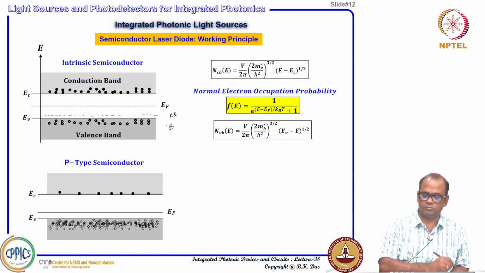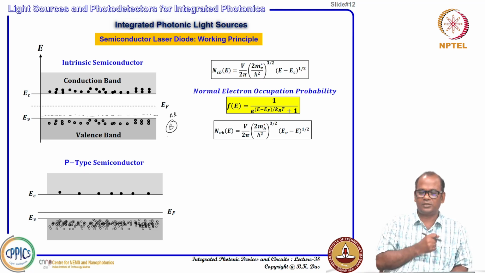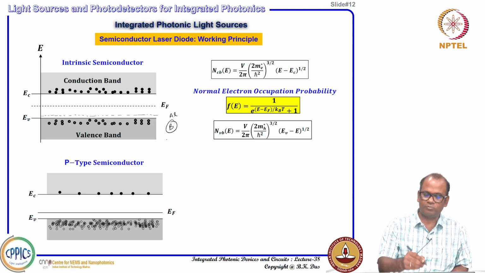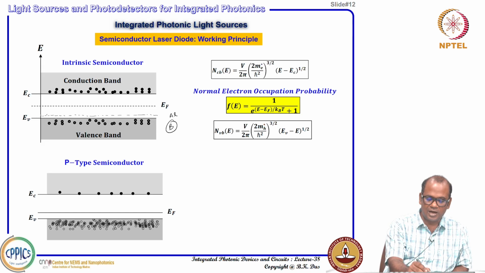Let us consider boron. Boron is also a trivalent material. So, what happens, if this boron is occupying some of the silicon sites, boron will be behaving like silicon, but the fourth electron is missing. Silicon is tetravalent, it has 4 valence electrons, here only 3 electrons. So, a defect state is created here.